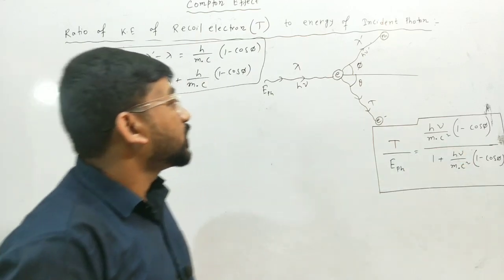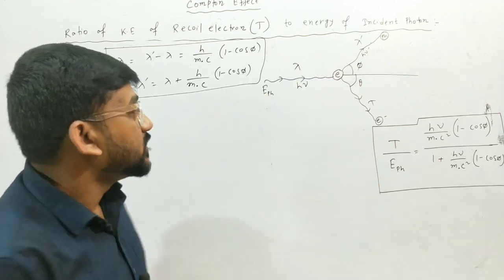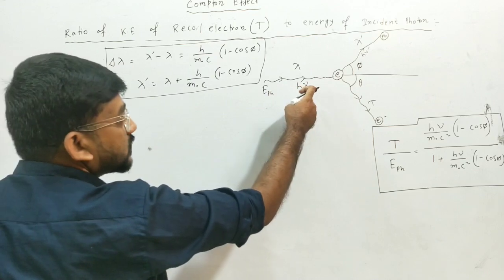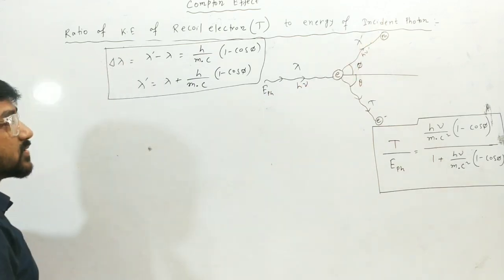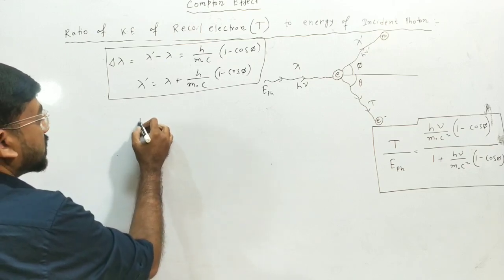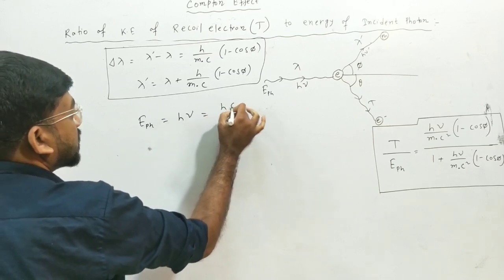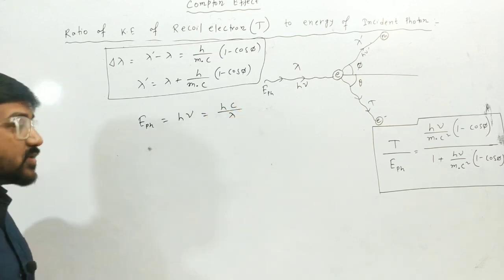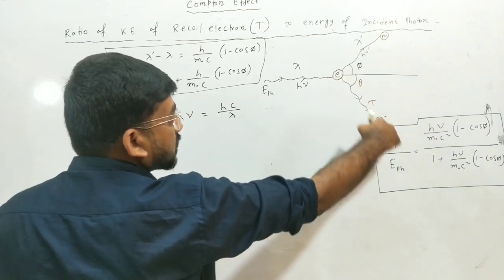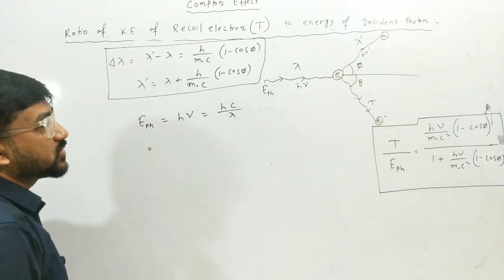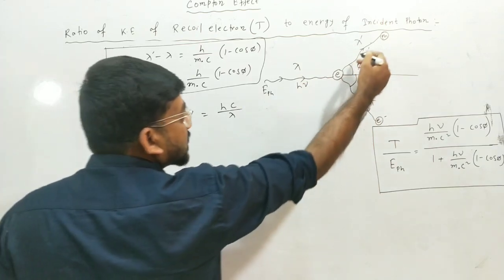Now, the energy of the incident photon, EPH, is h nu, because the frequency of the incident photon is nu and the frequency of the scattered photon is nu dash. So EPH equals h nu, and in terms of lambda it is hc by lambda. The rest of the energy will be carried by the electron, because the energy of the incident radiation is h nu and that of the scattered radiation is h nu dash.